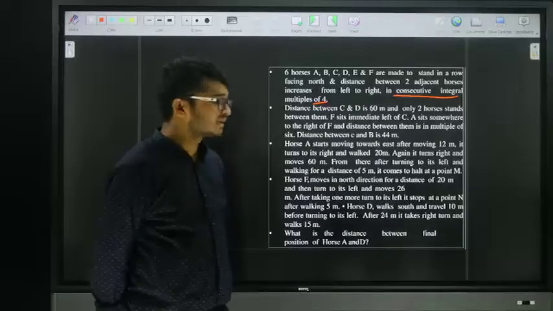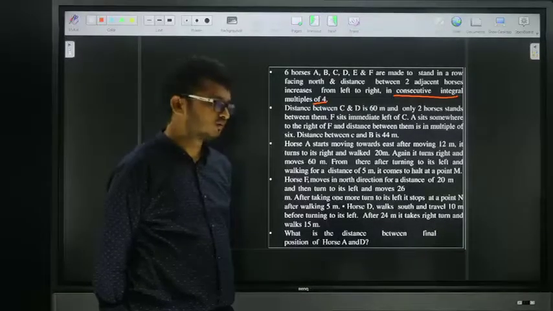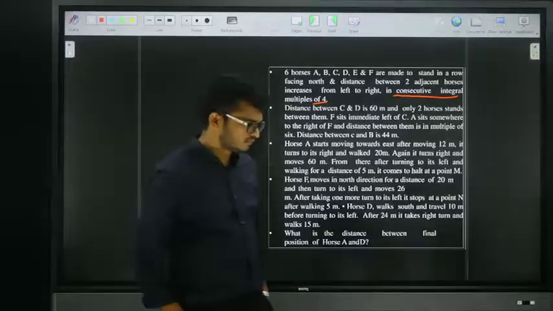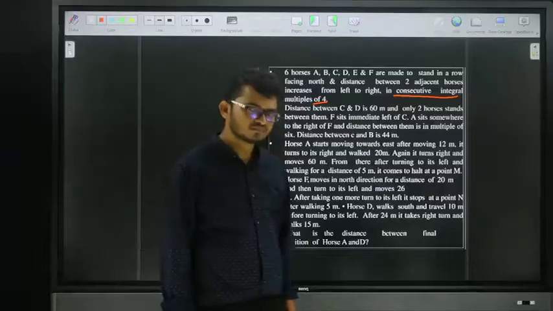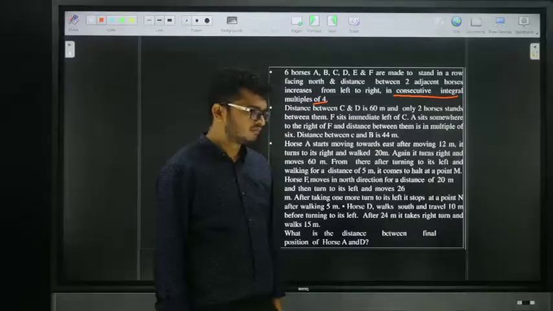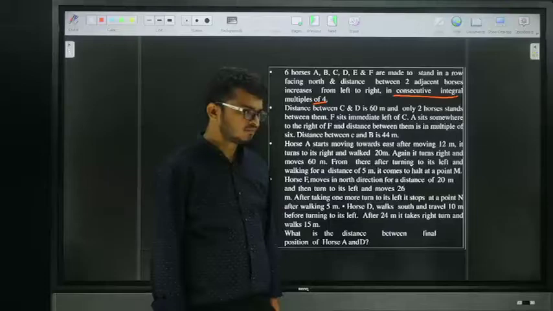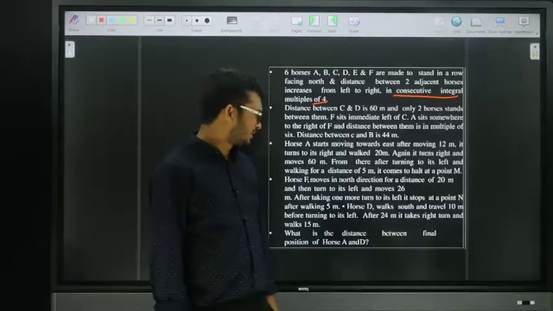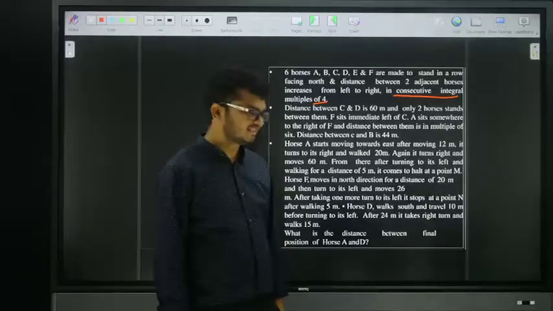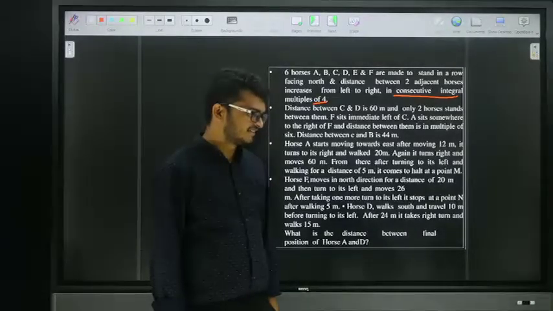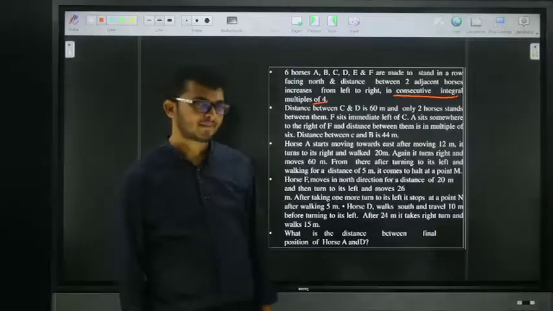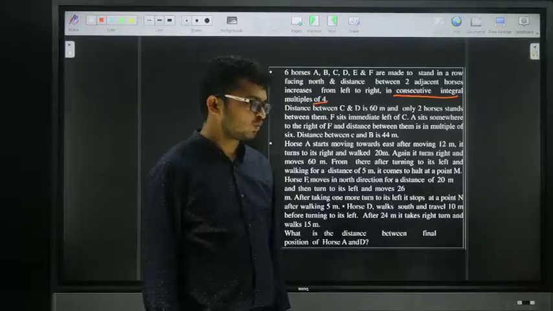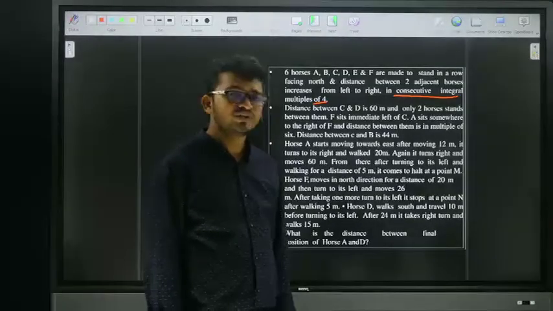Friends, last year's SBI clerical was too tough. Dinesh Verma says 20 meters. Once again check. Friends, what about the remaining candidates?